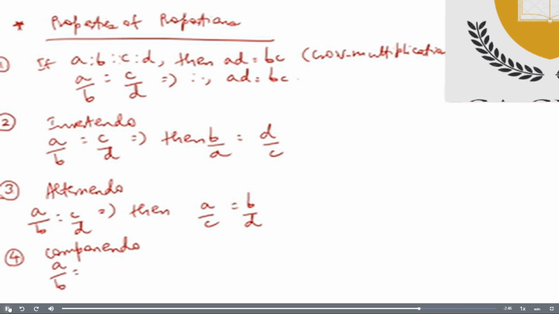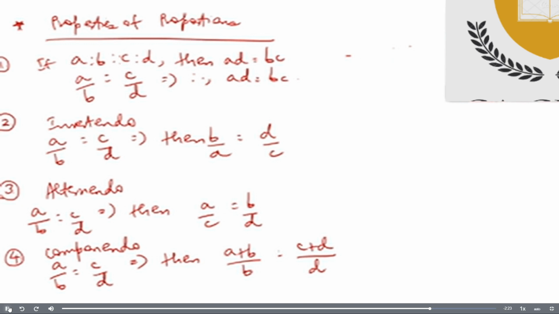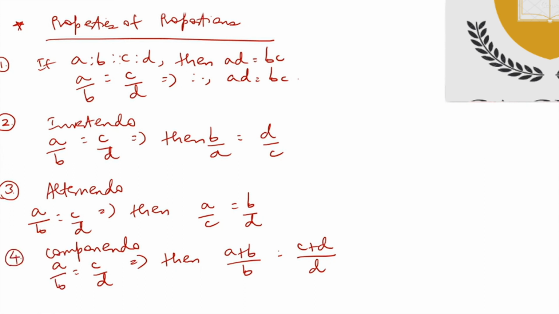If A by B is equal to C by D, then A plus B by B is equal to C plus D by D. Then we have dividendo.